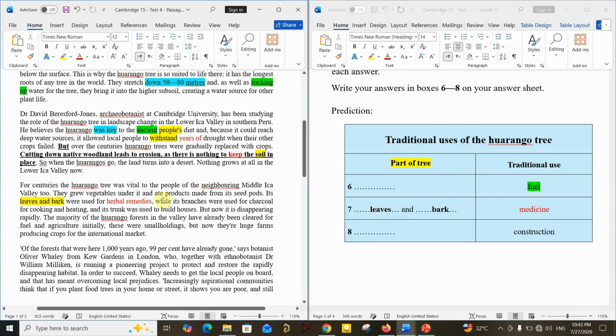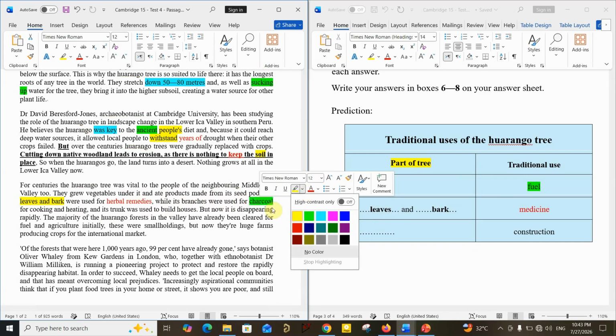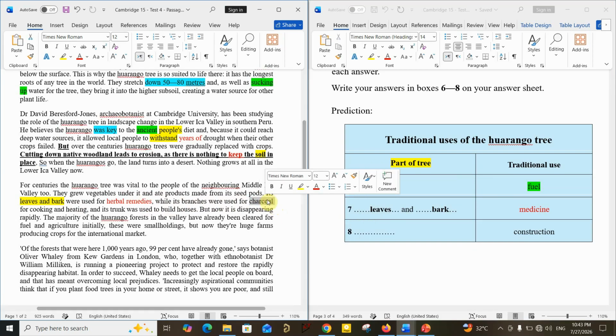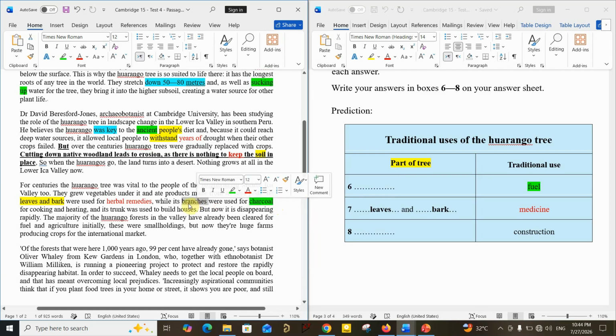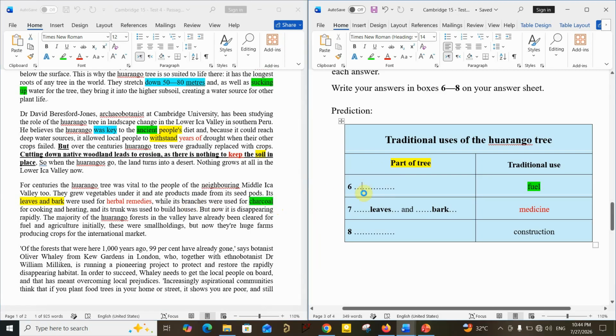And how about this one? I couldn't find it in here. While its branches were used for charcoal. Okay, this is charcoal. Charcoal is a paraphrase for fuel. So its branches. Branches, again, part of a tree for this answer. And the last one, construction.